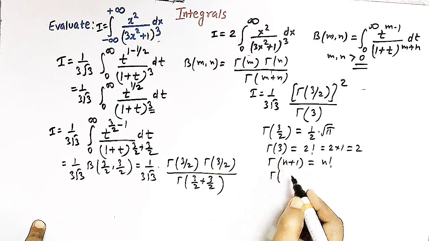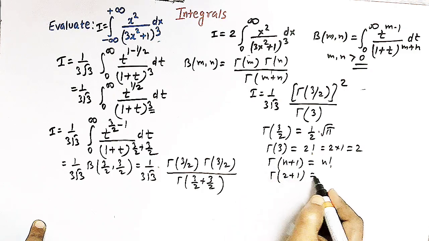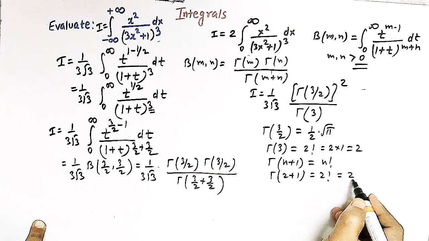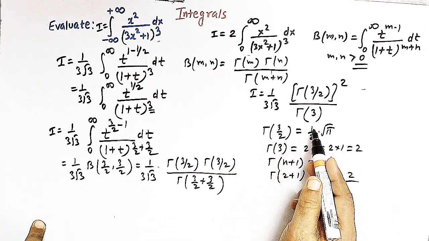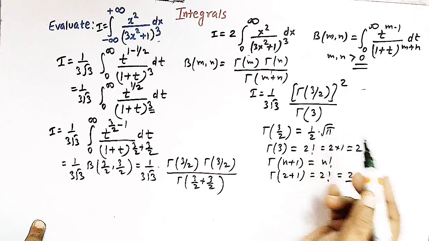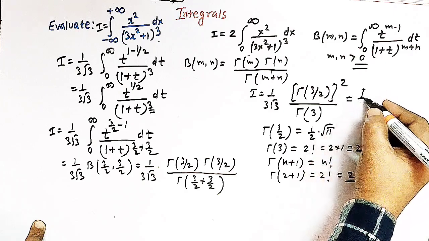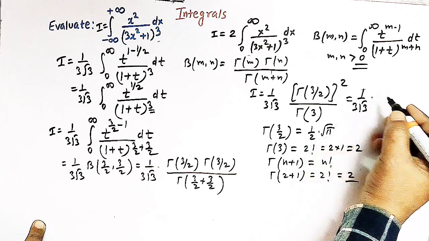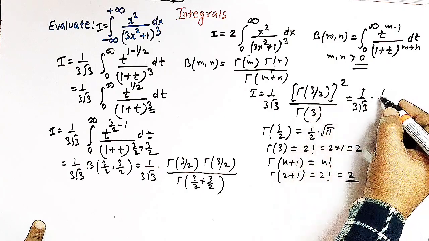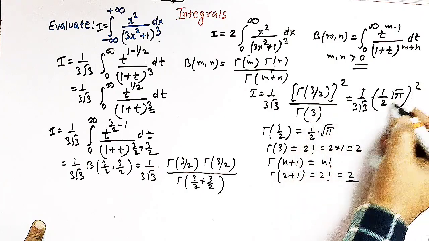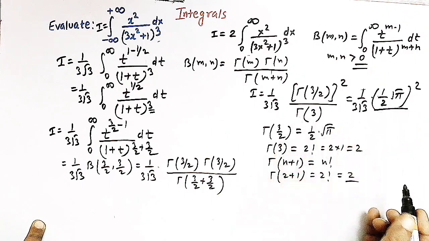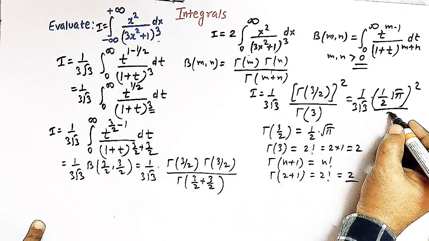So gamma 3 can be written as 2 plus 1, that is equal to 2 factorial, that is 2, right? And gamma 3 by 2 is equal to half times square root of pi. So we can now write 1 over 3 root 3, and here we have 1 over 2 root pi square, and gamma 3 is equal to 2.